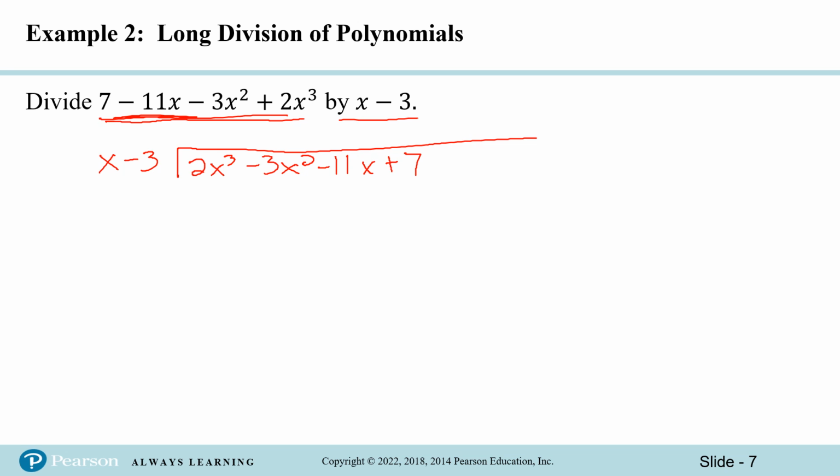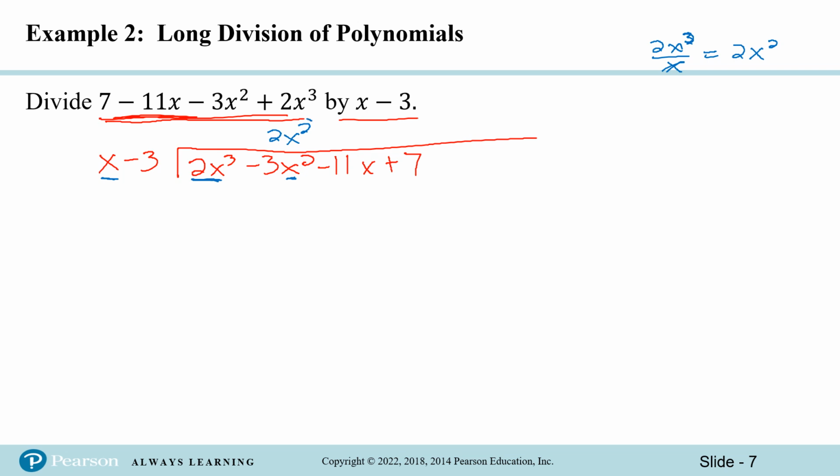Next, I'm going to divide the first term here by the first term there, just those two. 2x cubed divided by x. My x will cancel, and I get 2x squared. I'm going to line it up with my x squared, so 2x squared.